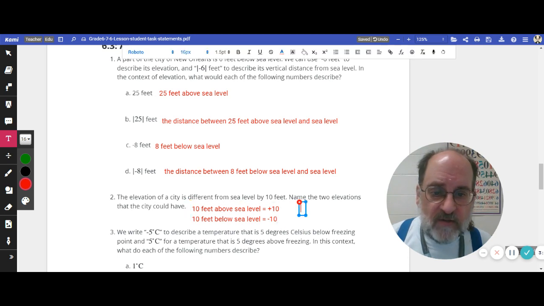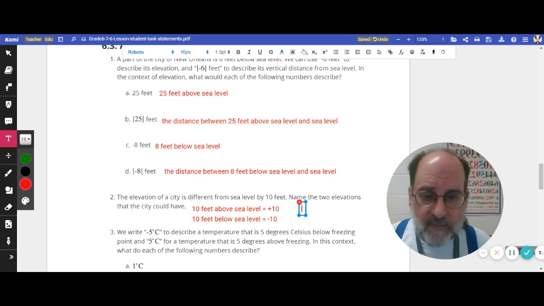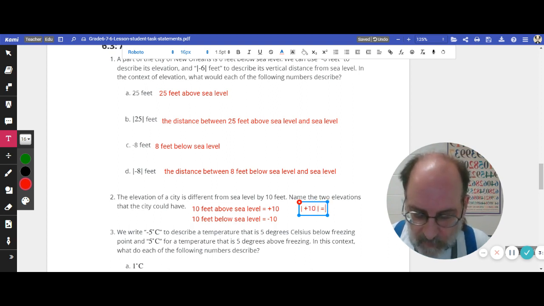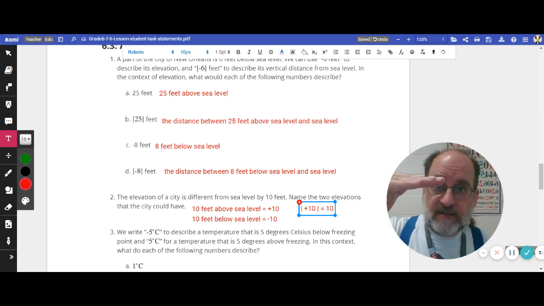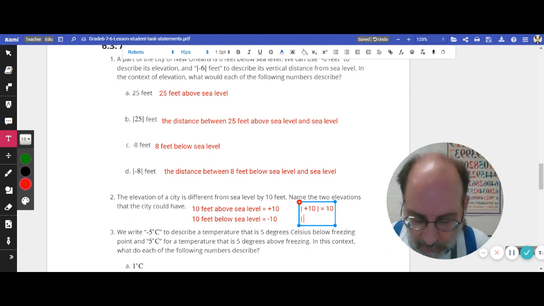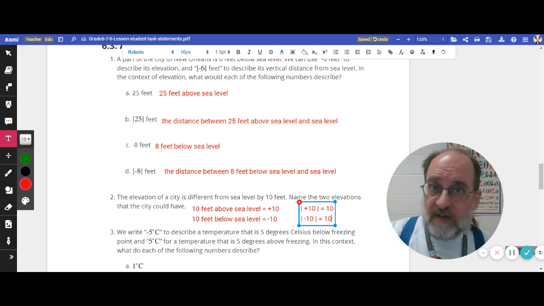And so if I wrote down some equations here, what I'm saying is the absolute value of positive 10 is 10. 10 feet above sea level is 10 feet away from sea level. And the absolute value of negative 10 is also 10. 10 feet below sea level has a distance of 10 feet from sea level.